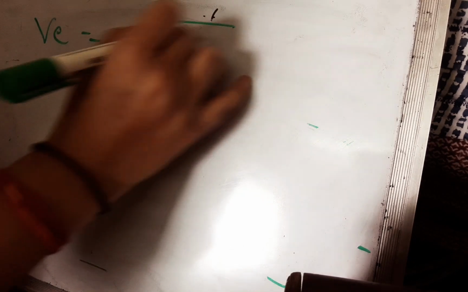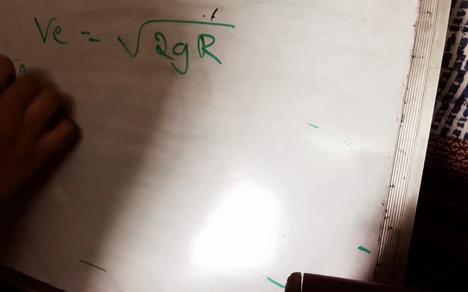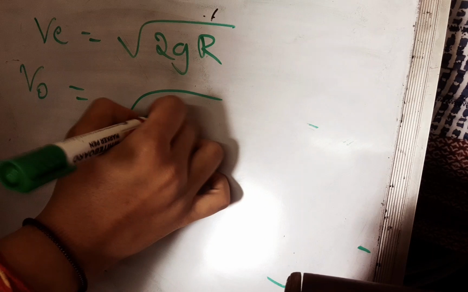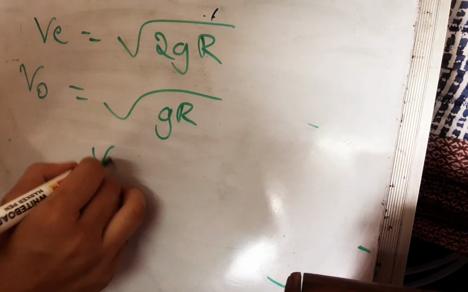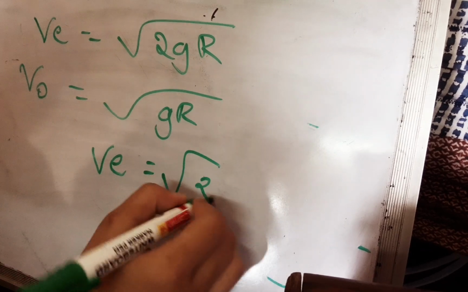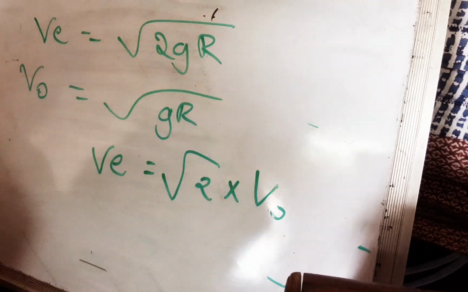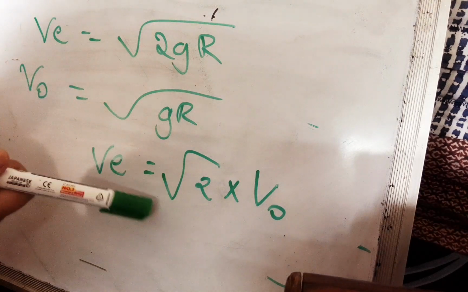So sometimes relations may be asked between escape velocity and orbital velocity. Escape velocity was equal to under root of 2gR and orbital velocity we got as under root of gR. So directly you can say that escape velocity is root 2 times of orbital velocity. Means how many times more?